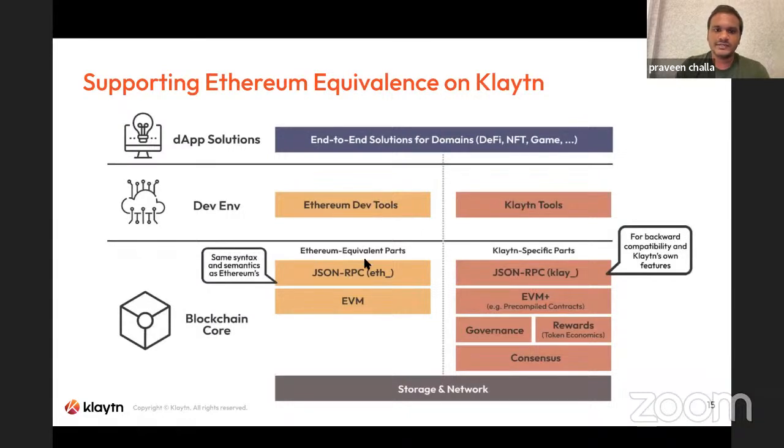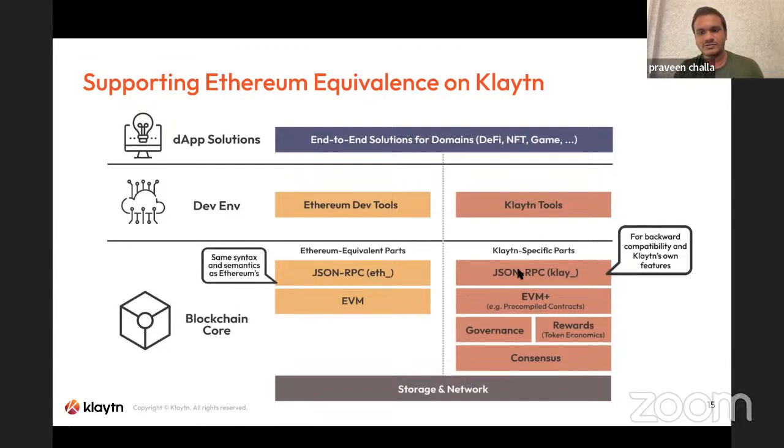Generally in Ethereum, we have the JSON RPC eth underscore namespace. So we are supporting the Ethereum equivalent parts. Along with that, we have also added a Klaytn related namespace, which will provide Klaytn specific features. So if you have to make use of Klaytn related features, then you might have to use some of the Klaytn tools.